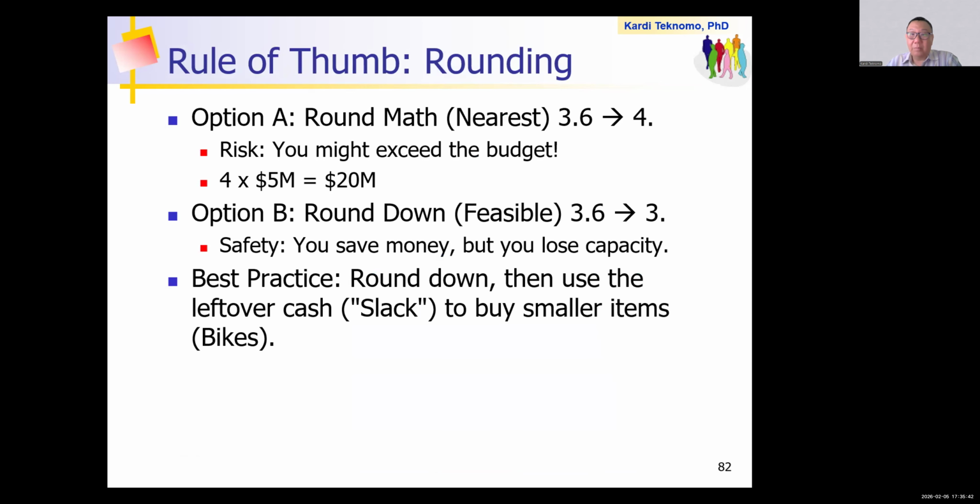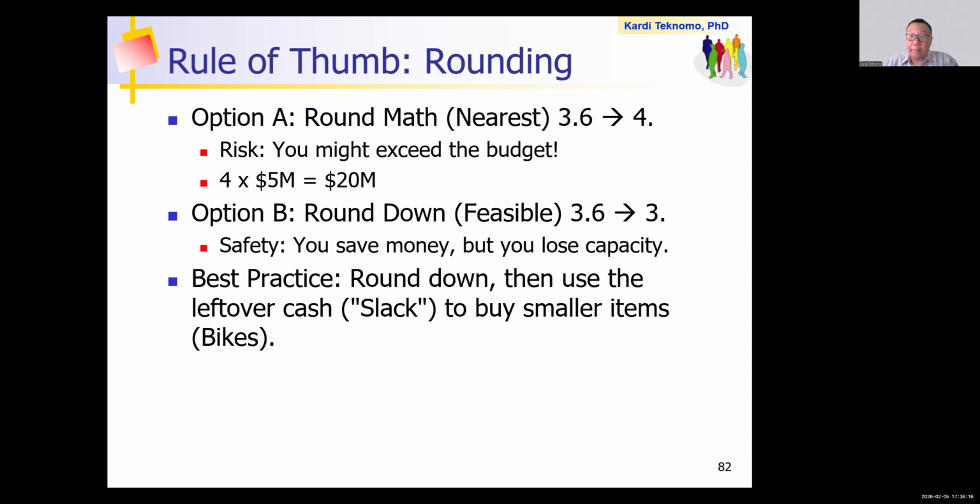So if you get 3.6, then you probably want to round up to 4. But be very careful. If you round up, you spend money you don't have. So in that case, you may break the budget constraint. So you better round down to 3. From 3.6 round down, you get the floor.